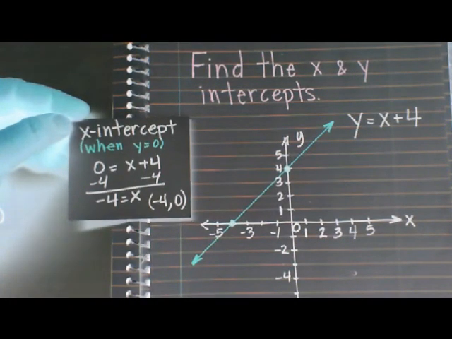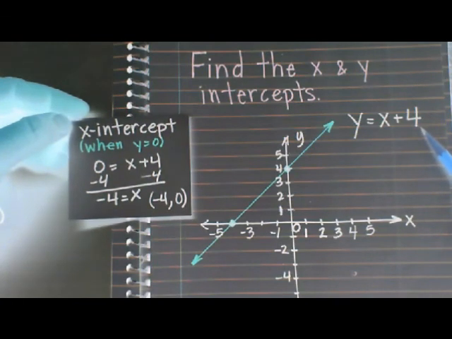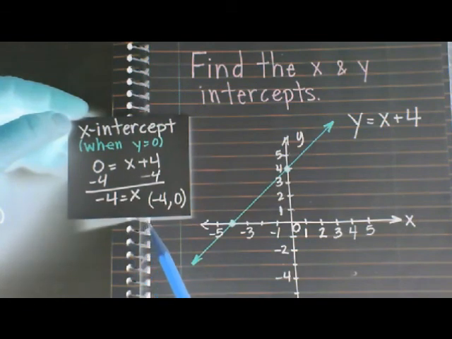Let's do one more example of finding the x and y intercepts, and this time the equation we're going to use is y equals x plus 4. I've already got it drawn here, and I've already done the calculations, so I'm just going to step you through these so you can see what was going on. So originally we just had the equation y equals x plus 4. To figure the x-intercept where it crosses the x-axis, I need to find out when y equals 0 what the x value is.